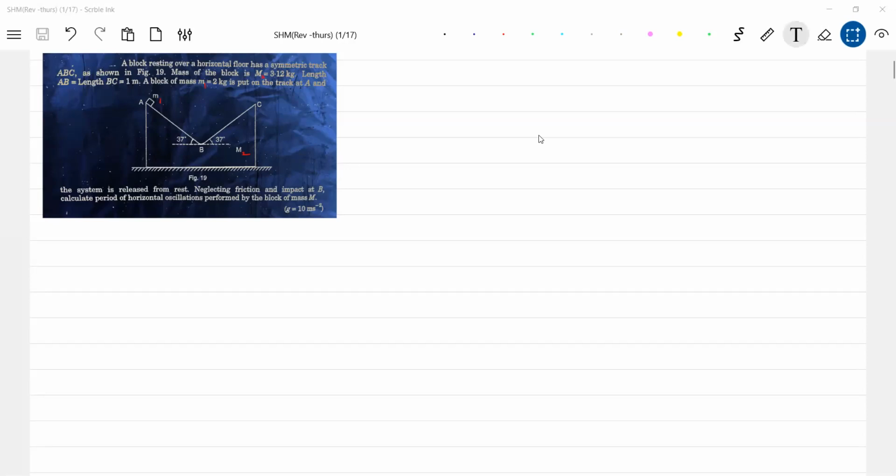Okay, first we'll try to get the thing. So there's a reference diagram. I'll draw small diagrams so that I need a lot of space here. I'll release from rest.